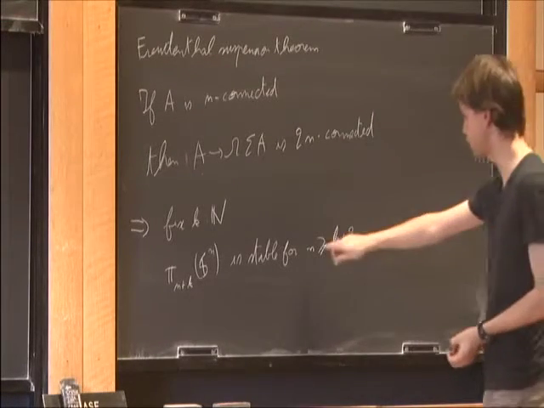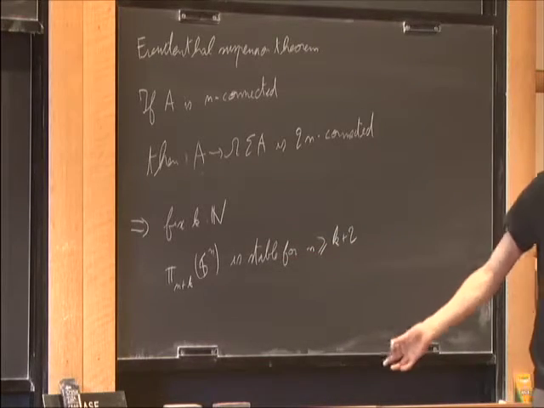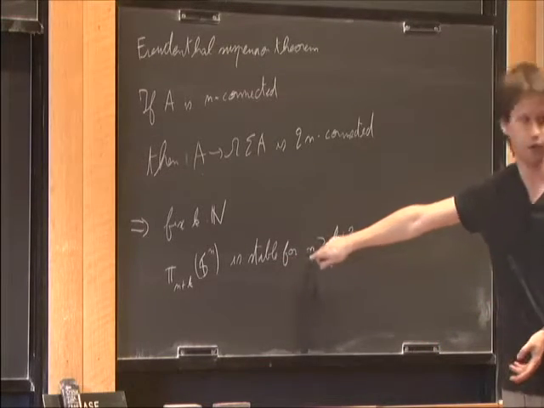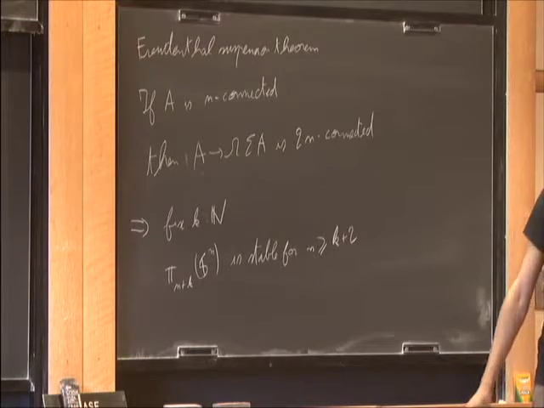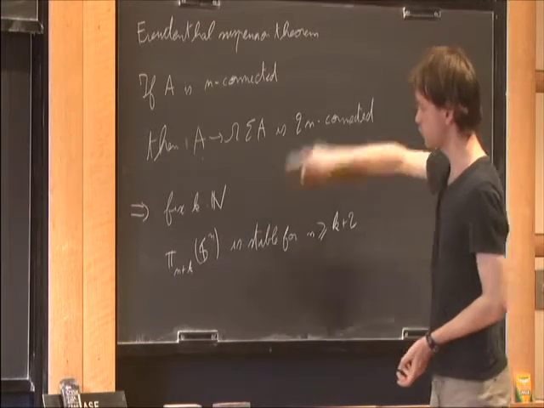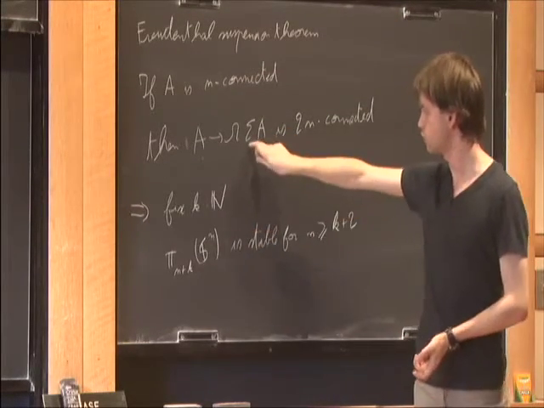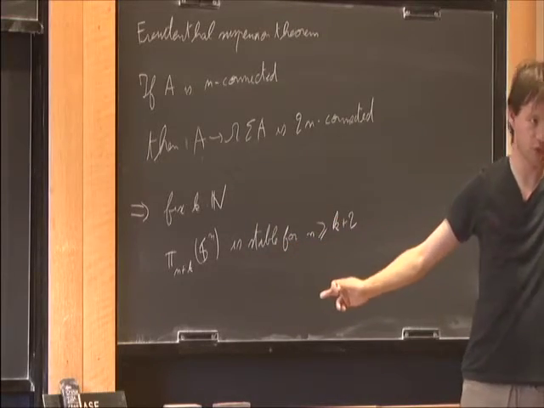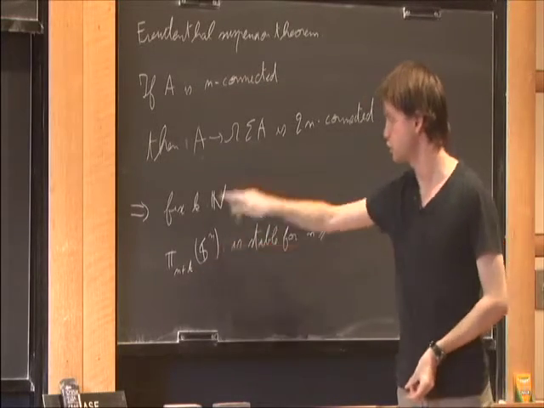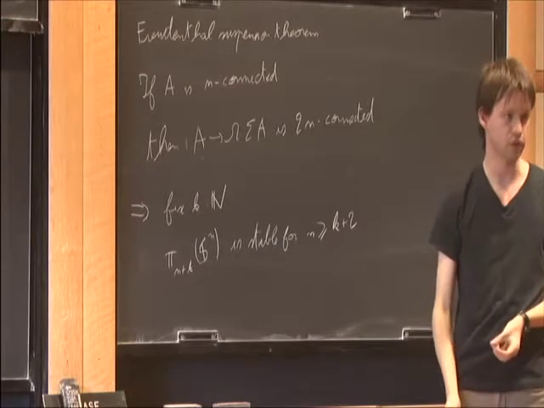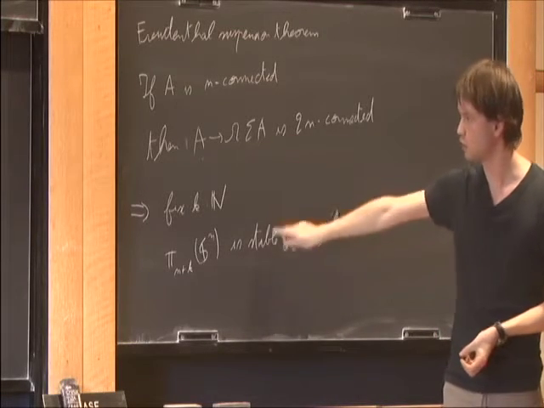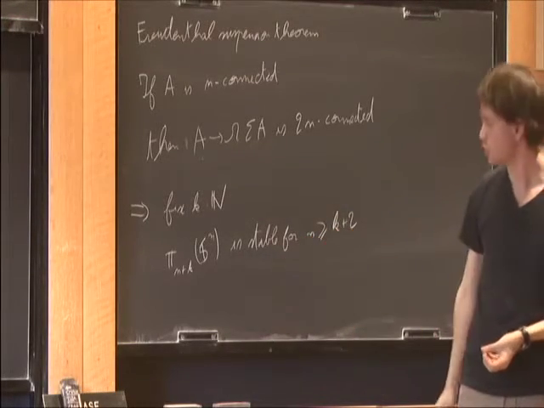So stable means that they are all isomorphic for every possible n at least k plus 2. This is a direct consequence, because the suspension of Sn is Sn plus 1, and the homotopy groups of the loop space are the shifted homotopy groups. So this is a direct consequence of this result.